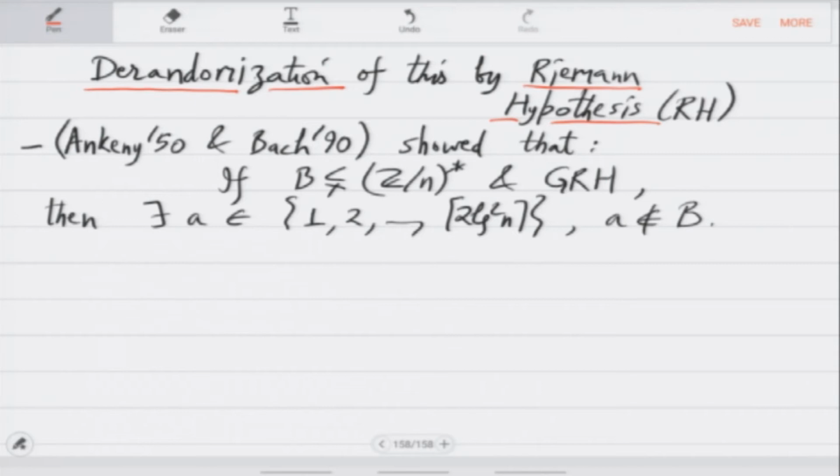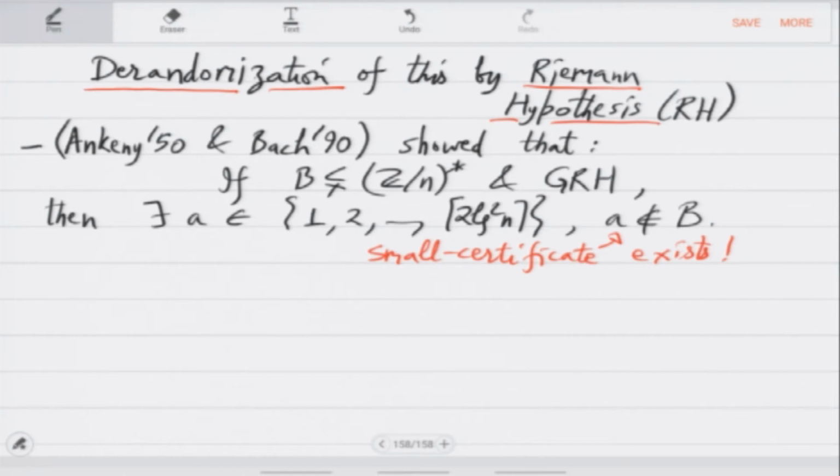So what this is saying is that there will always be a small certificate. So if n is composite, then there will be a small certificate A, which you can find by just looking at the first around log square n numbers.